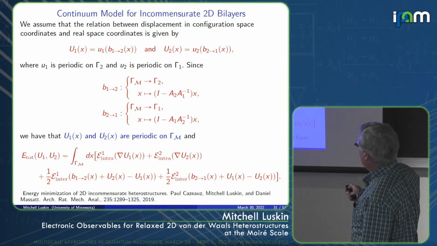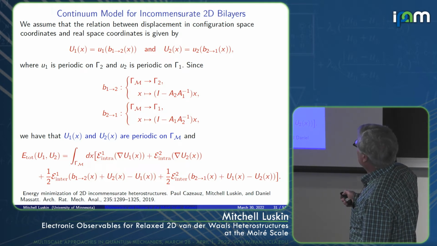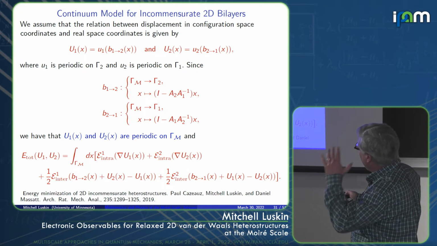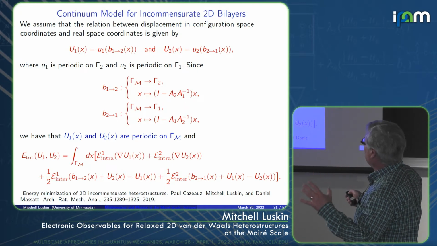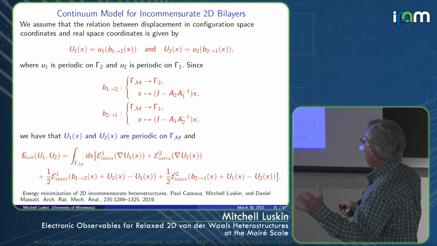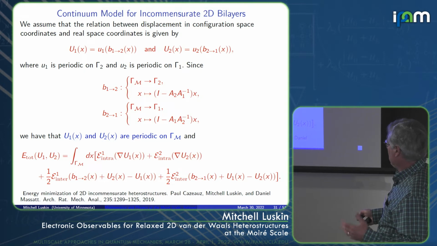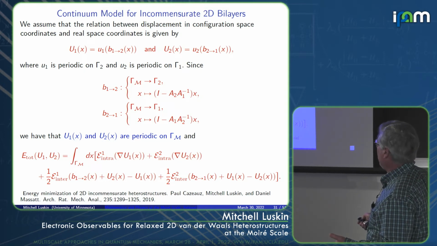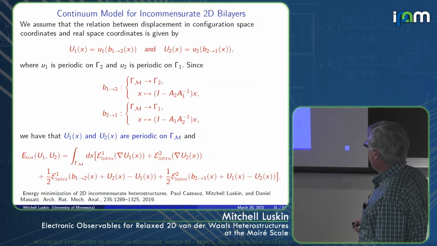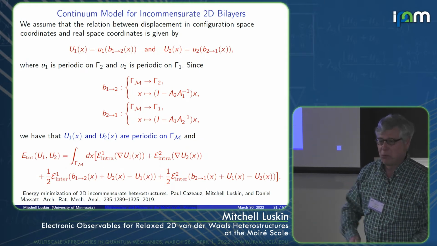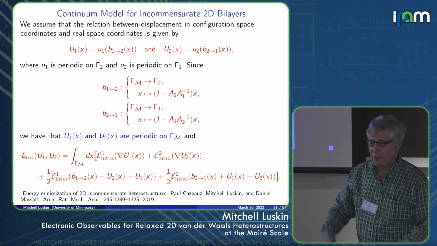But in any case, since we know that the dysregistries are periodic on the Moiré scale, that says that the displacements are periodic on the Moiré scale. We can actually write down an elastic energy on the Moiré scale. And now you might ask, the intralayer terms are just linear elasticity, that's fine.